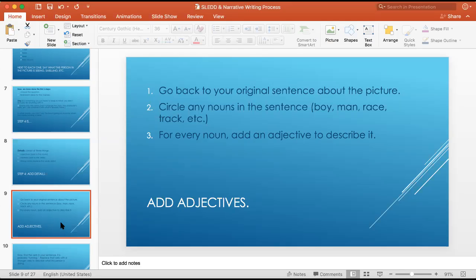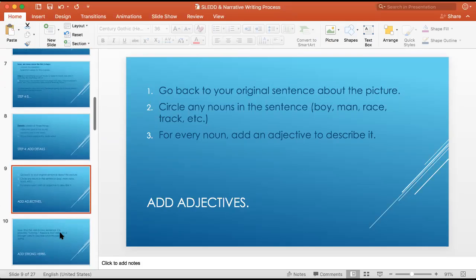So the sweaty boy, and then you might say that he ran a difficult race, a long race, a fast race. You might say he went around a long track, a never-ending track, a concrete track, whatever you want to say. So they're just adding an adjective in front of the noun of that one sentence, okay?